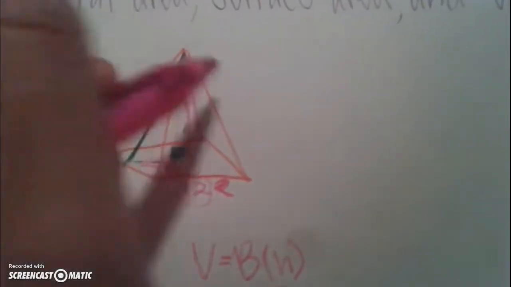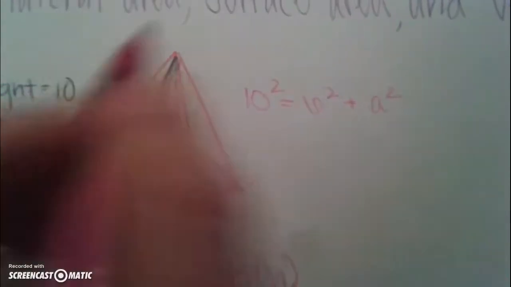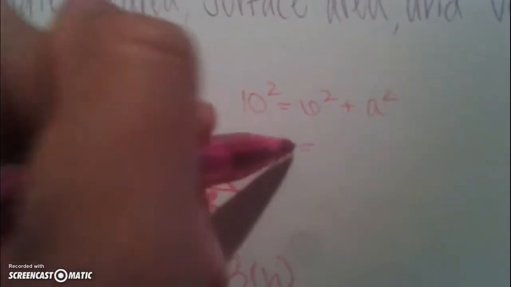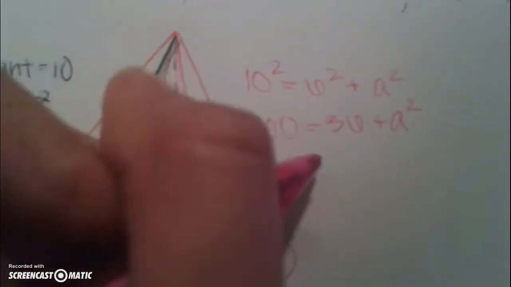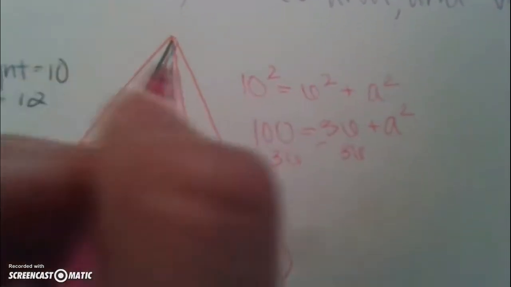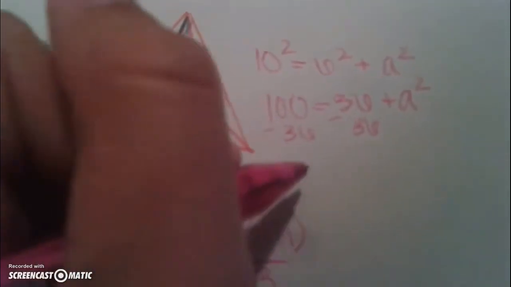So we'll do 10 squared equals 6 squared plus a squared, or x squared. We know that's 100 equals 36 plus a squared, and we'll subtract 36 to isolate the variable.